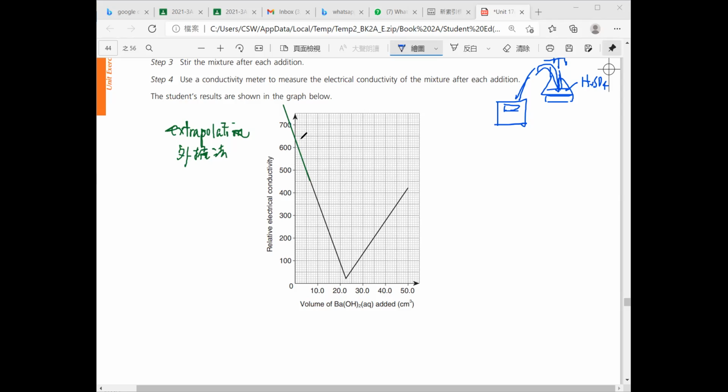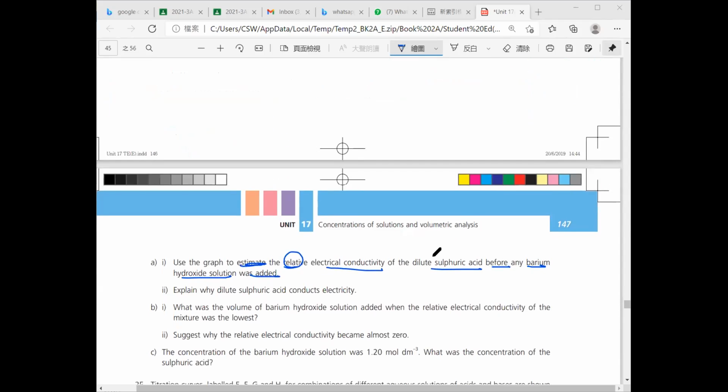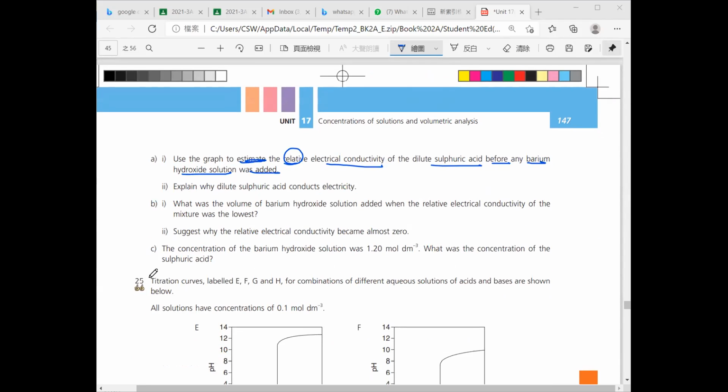Where is it? 630, is it? 630 to 640. And this is where we talk about extrapolation, the technique. Is that clear? So in this case, what you're going to do is to do the extrapolation.